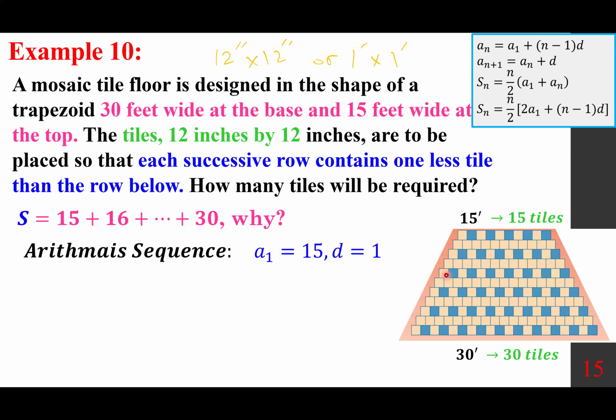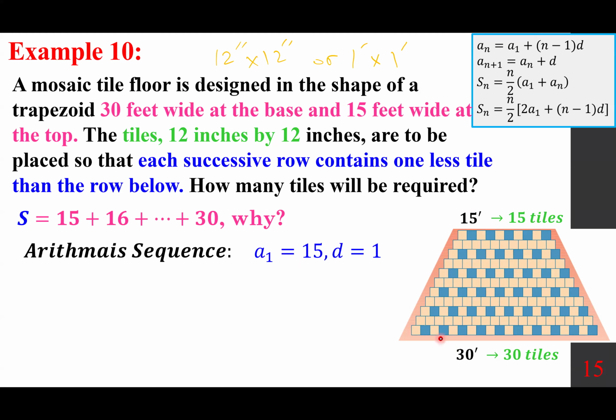If a sub 1 is 15, we have the last one. A sub what? 30 minus 15 plus 1 makes it 16 because that is included. You can count if you want. So n is 16.